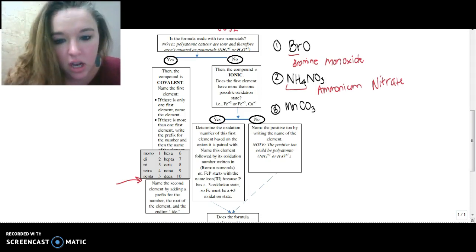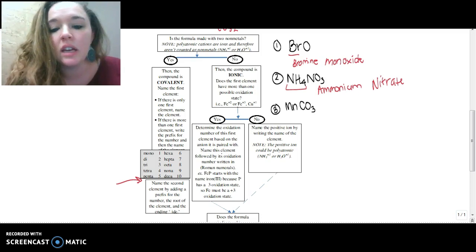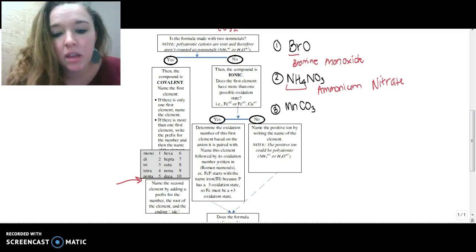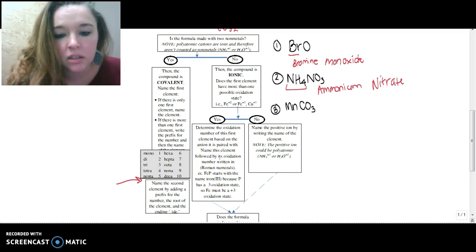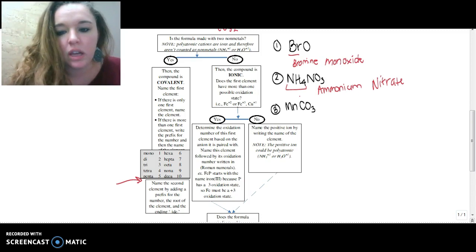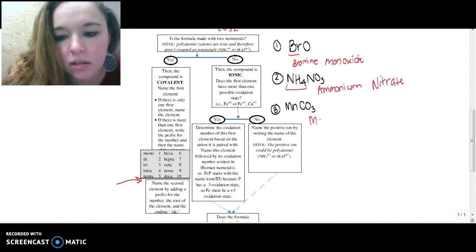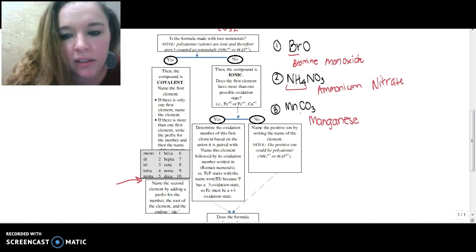So it says yes. Determine the oxidation number or charge of this first element based on the anion it is paired with. Name this element followed by its oxidation number written in Roman numerals. So in this case, we've got manganese. And we need to pay attention to the charge that would be on the anion.